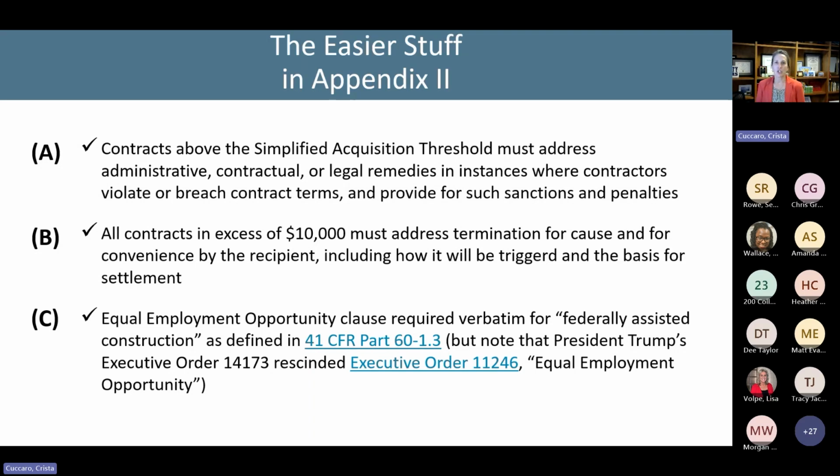So I've had some conversations with local government attorneys about whether this clause needs to be modified or whether other sections of their contract templates need to be modified. This is just something that you'll want to make sure your attorney has thought through.